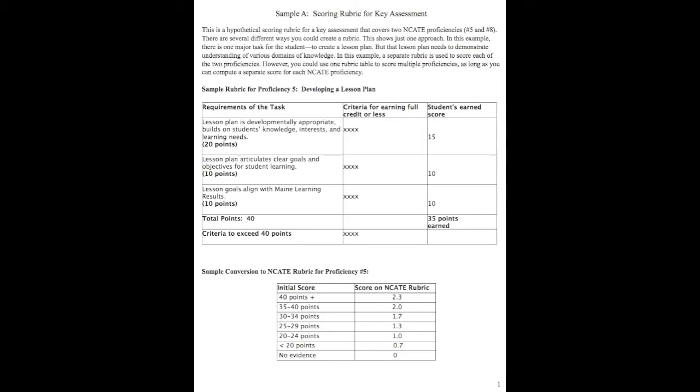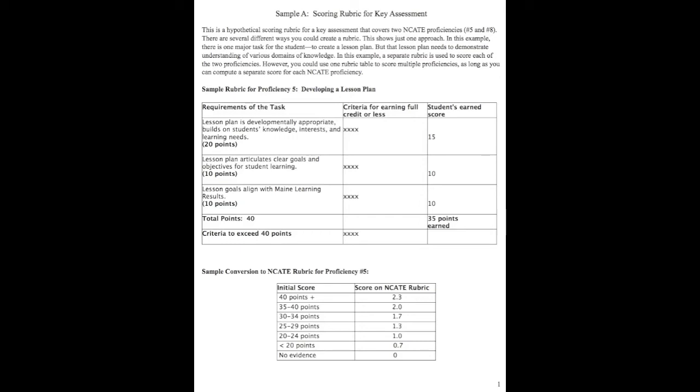A second component might be that the lesson plan articulates clear goals and objectives for student learning, and that could be worth a total of 10 points. The third component of the assignment is lesson goals aligned with main learning results, and that's worth a total of 10 points. So in this fictitious sample, the assignment is worth a total of 40 points, and the student earned a total of 35 points.